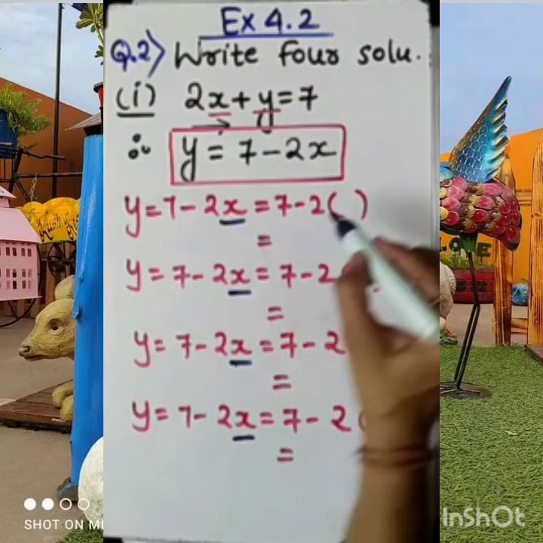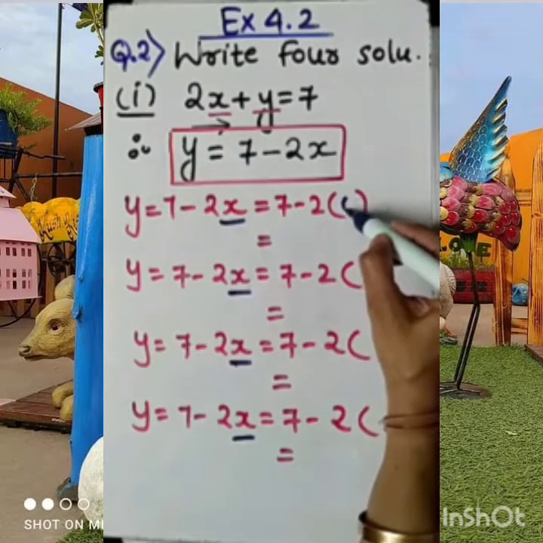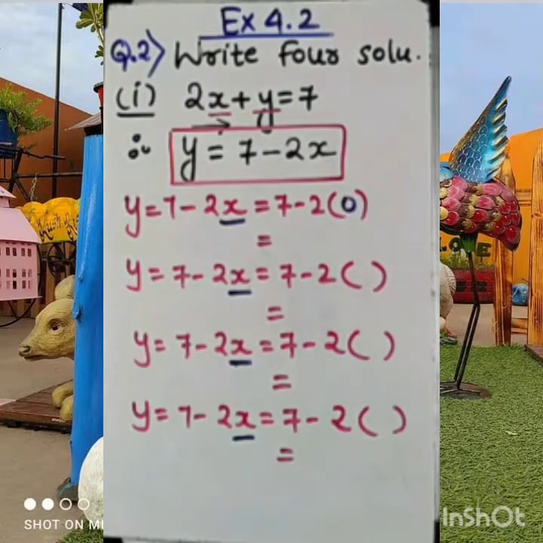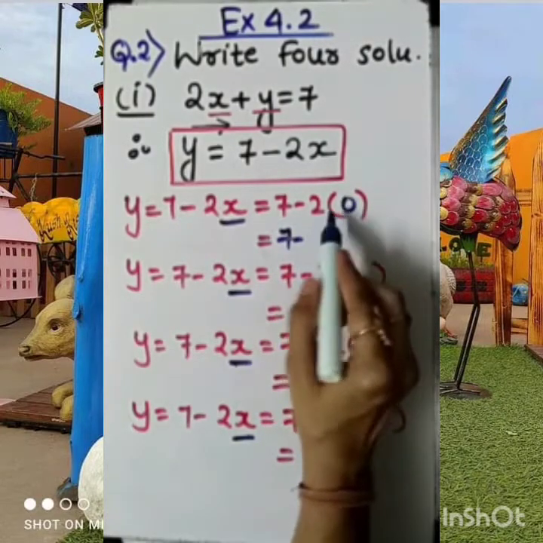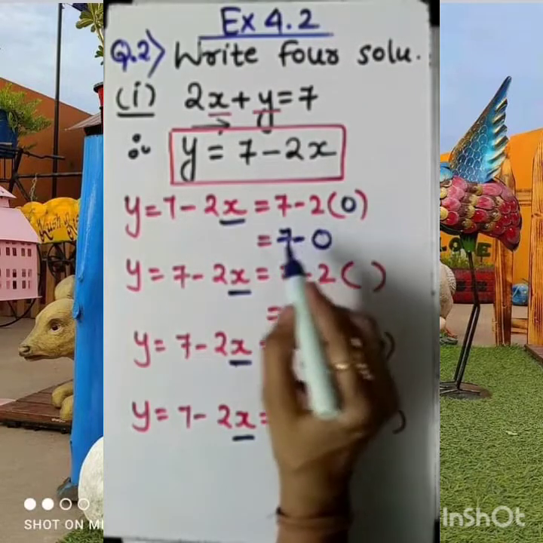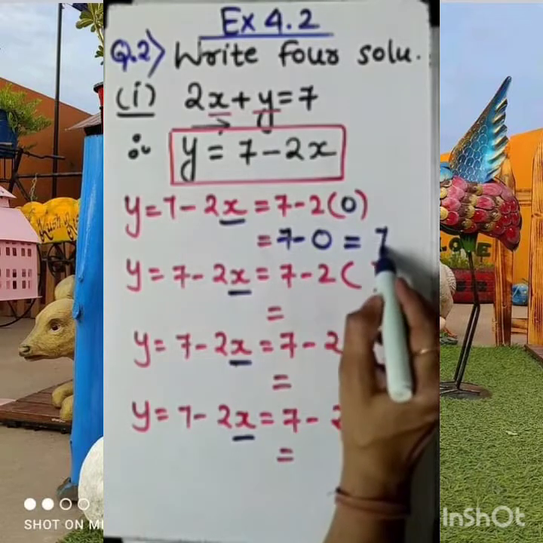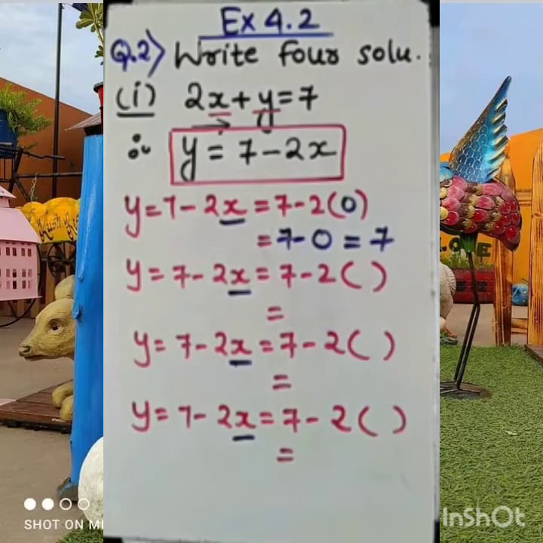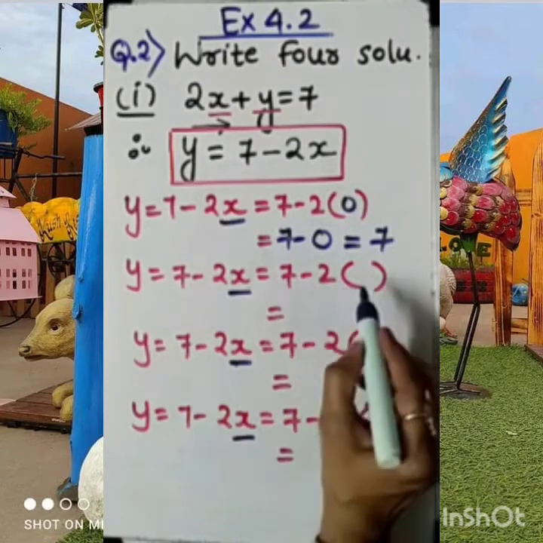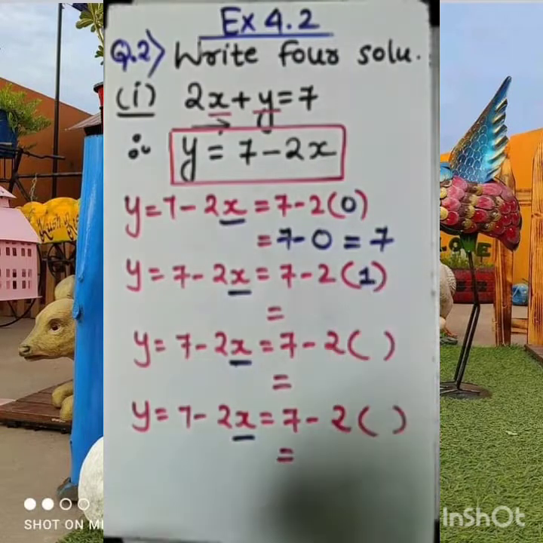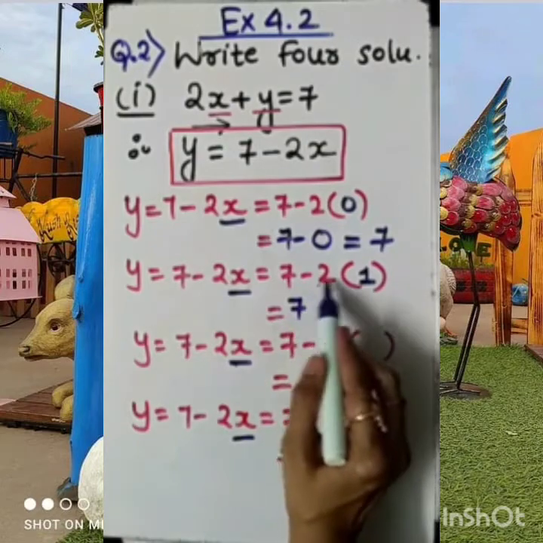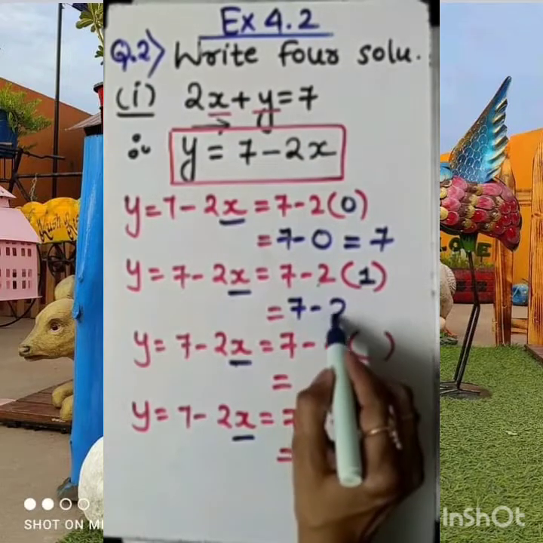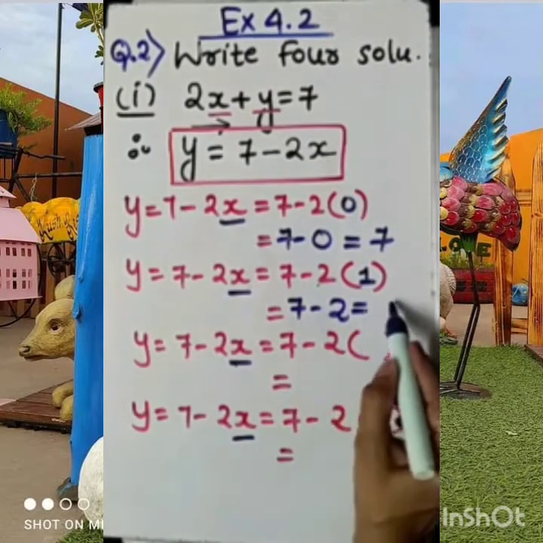So here first, suppose I am choosing 0. If I choose 0, then of course I will have 2 into 0, which is 0. 7 minus 0 is 7. Clear? Now second time in place of x I am choosing 1. Then it is 7 minus 2 into 1, which is 2. 7 minus 2 is 5.